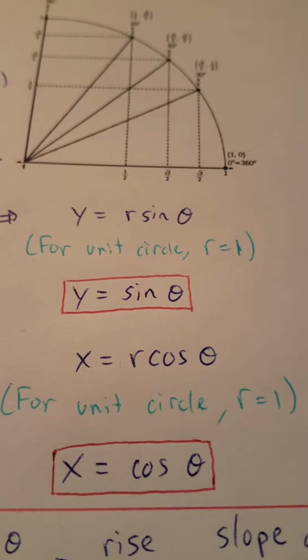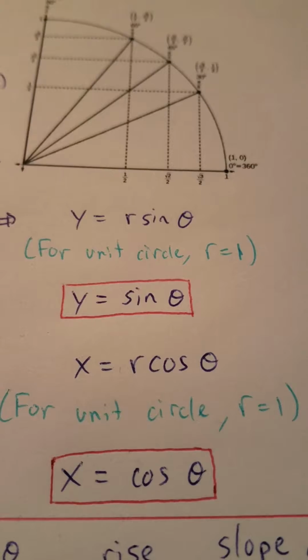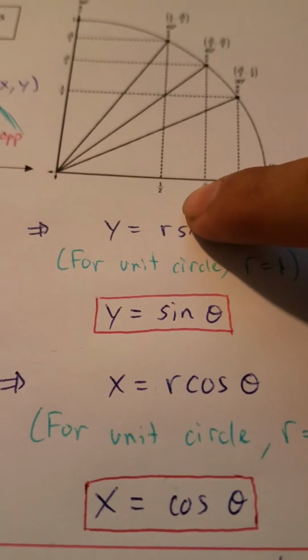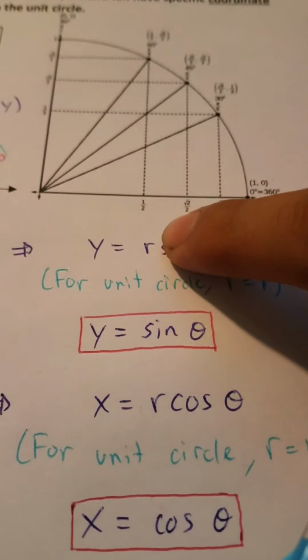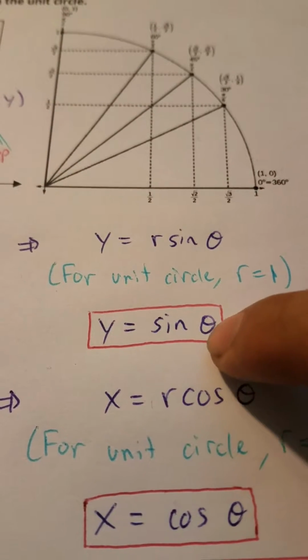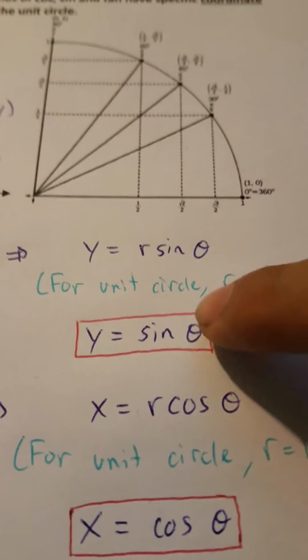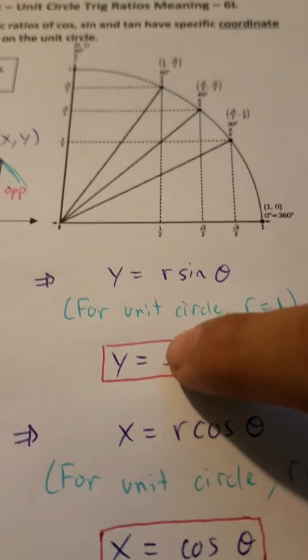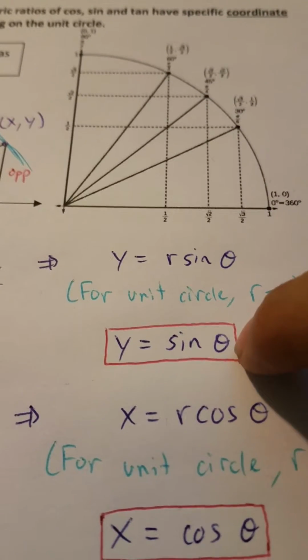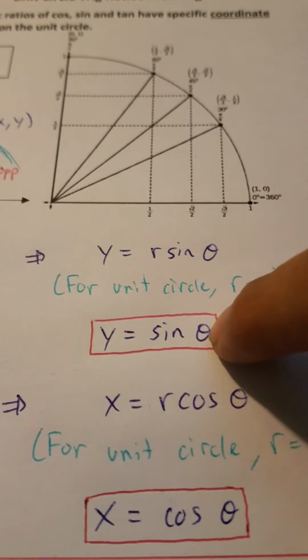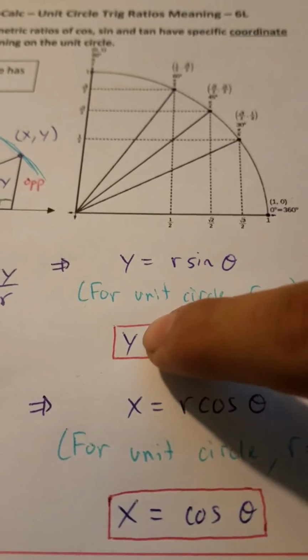But for the unit circle, remember r is equal to 1, so the radius is 1. Therefore here you can substitute 1. So once you do that, you're gonna get y equals sine of theta. So that's why the y coordinate is equal to the sine of some angle theta. That's why they're equivalent.